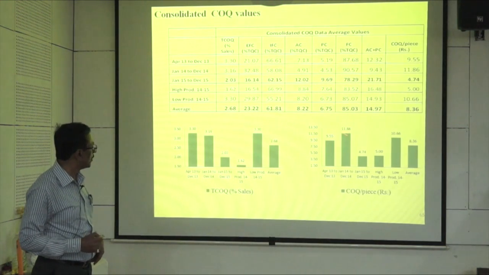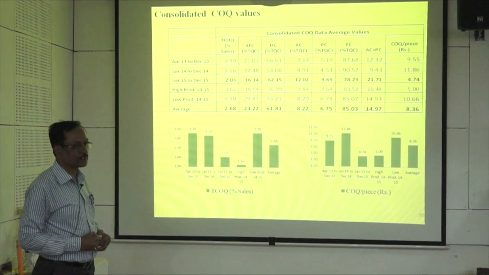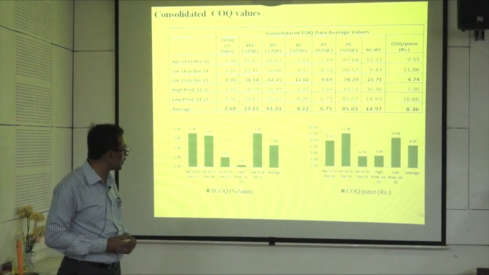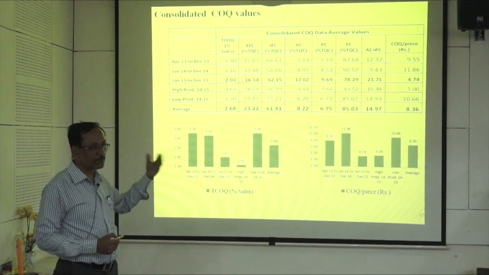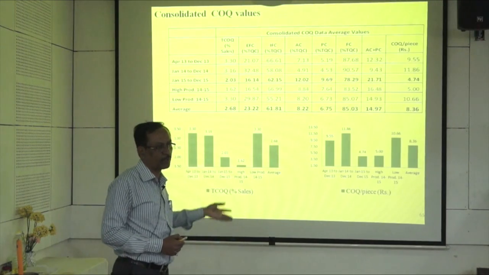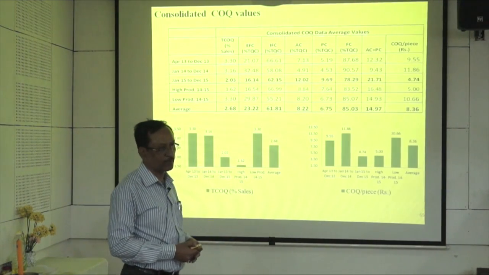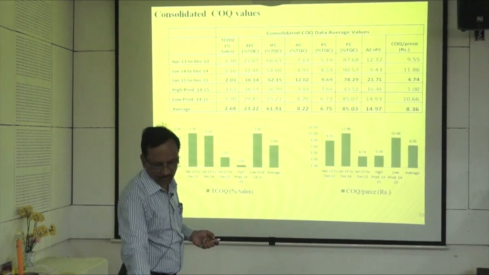The same thing is tabulated, and in the bar chart it is shown: total cost of quality in percentage of sales and cost of quality per piece. So in this region it is minimum, but still whatever they used to calculate, it is more than that. They used to consider it as 2 rupees, 2.5 rupees, but it is more because they had just considered the cost of rejection.